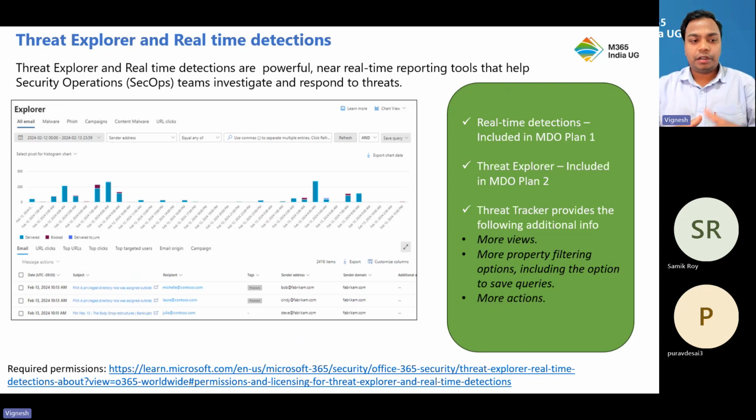If you look closely, I've also mentioned things such as more views, more proprietary filtering, including the option to save queries and more actions. These are not available in your real-time detections, but your Threat Explorer offers them because it's a Plan 2 capability. And with that, I think it's time to go ahead and see these tools in action.